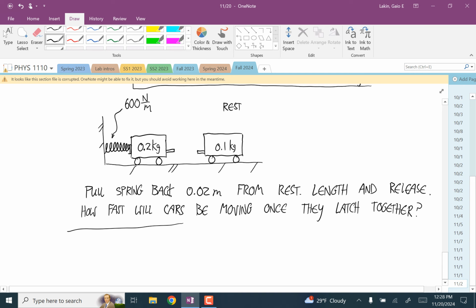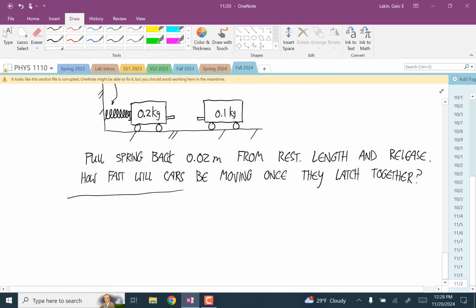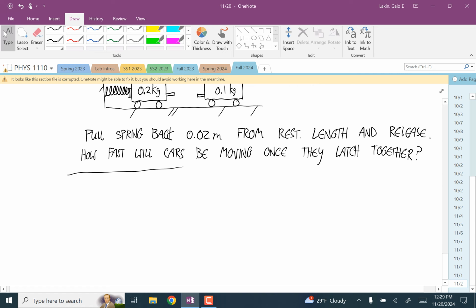So this looks like a promising way to go, conservation of mechanical energy, because we're trying to figure out a relationship between a location and a speed. Our instant one is going to be when the spring is compressed before we let go of it.